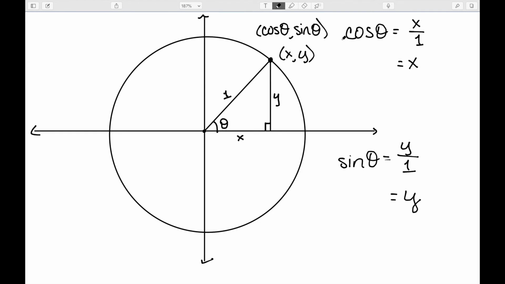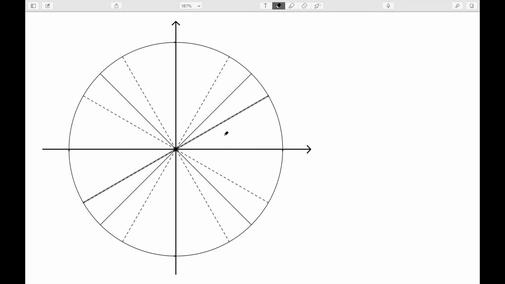So let's look at this a little bit more in depth and see if we can develop the unit circle. Here I have a picture of a unit circle with some particular angles marked off. In particular, this is pi over 6, pi over 4, and pi over 3. In terms of degrees, we have 30, 45, and 60 degrees. So we remember that the x-coordinate is cosine of theta, and the y-coordinate is sine of theta.